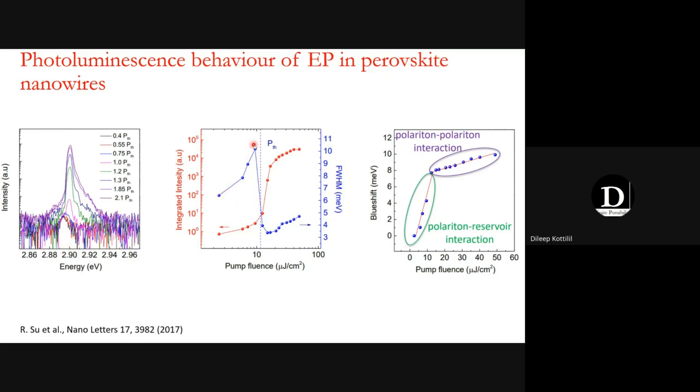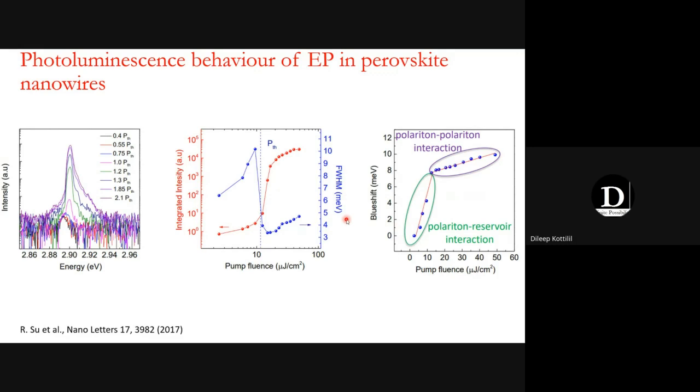Correspondingly, this is the full width at half maximum, the blue color. After the threshold pump, the full width at half maximum suddenly drops, because now it represents the FWHM of the lasing mode. Here it represents the FWHM of the broad PL. That is why it is very large. And then the peak power increases after the threshold.